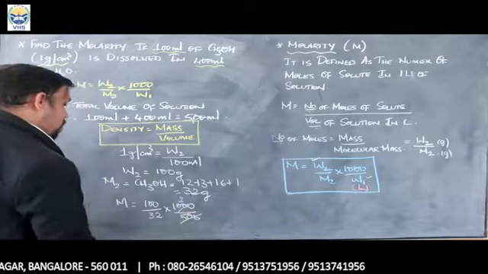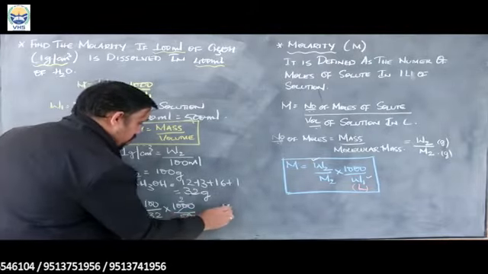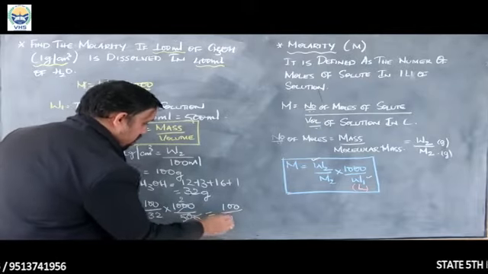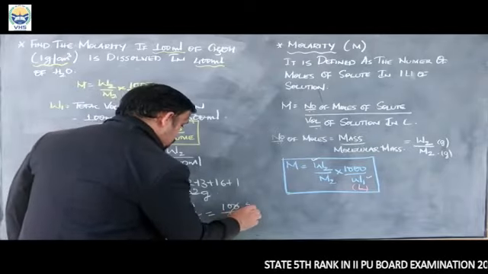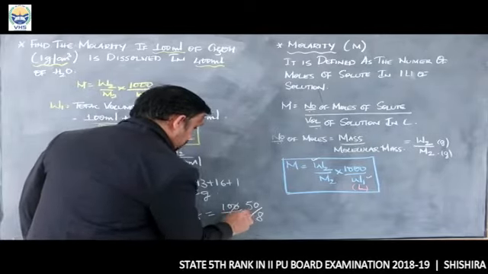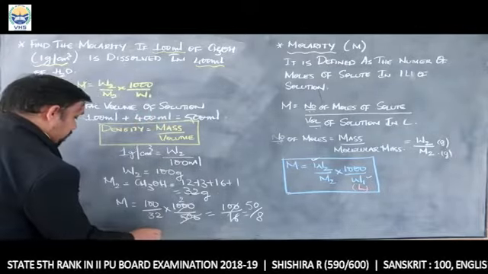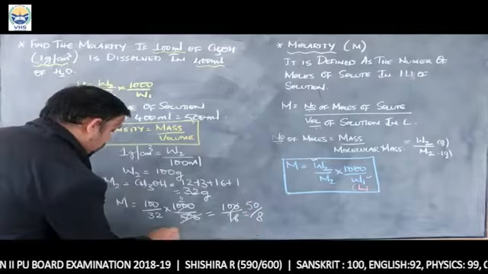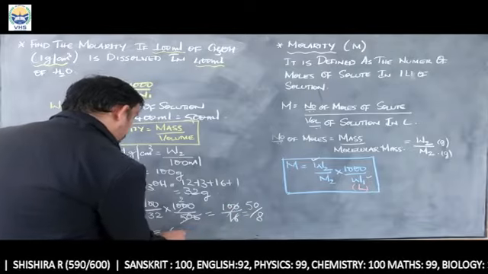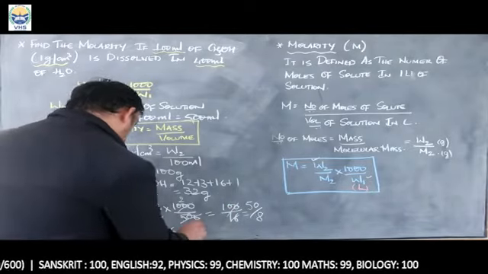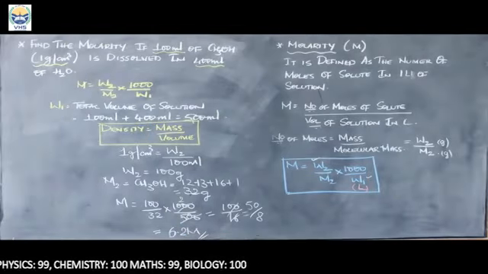I cancel it out again and am left with 100 divided by 16, or 50 divided by 8. If I divide it to get the final answer, 8 6s are 48. We are left with 2, so it will be 20. 8 2s are 16, so around 6.2. So that will be the answer.